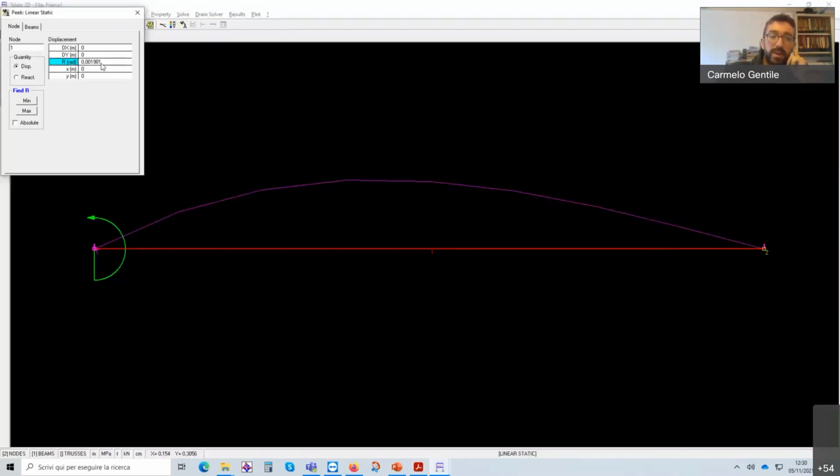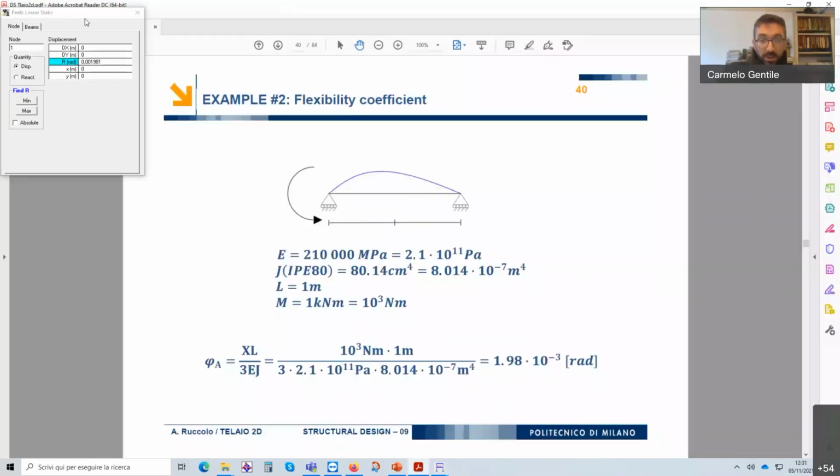So the same number that we have here. Okay? So we have seen that also with the software, we can find the same deformed shape and the same value of deformation, of displacement or rotation in this case.